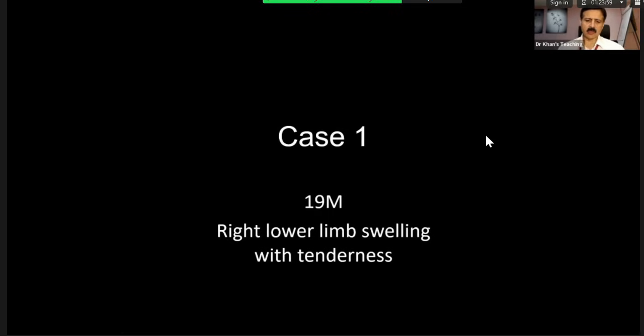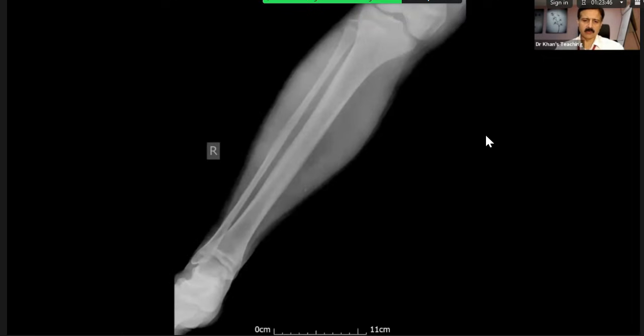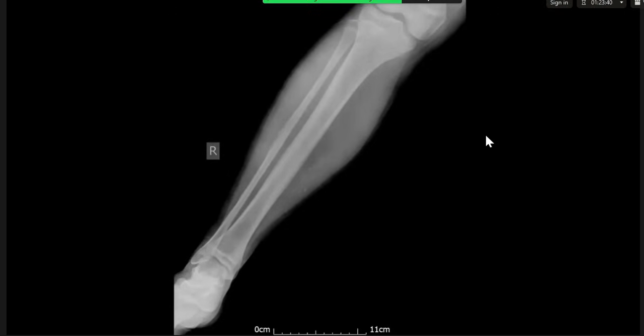Now, this case is a 19-year-old with right lower limb swelling and tenderness. So there was a calf swelling there. Okay, so we've got a frontal radiograph of the right tibia and fibula.